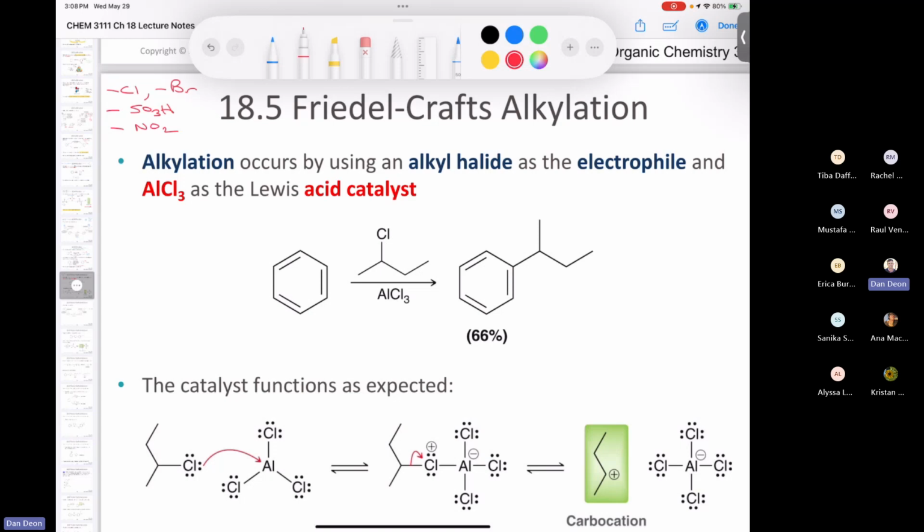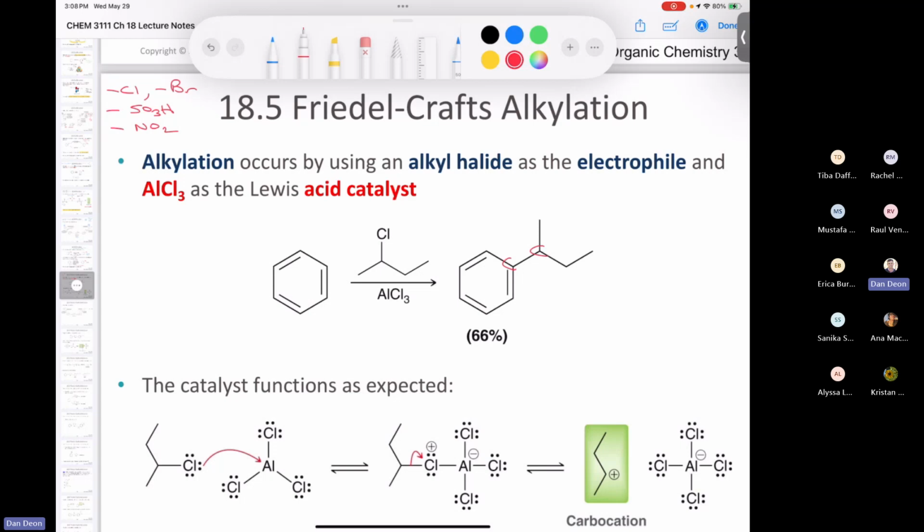So the next one is, you might be wondering, how do I form a carbon-carbon bond? Is there a way to do that? And there is. We do alkylation by a process called Friedel-Crafts alkylation. It's named after 2 scientists, Friedel and Crafts, and they developed this chemistry.